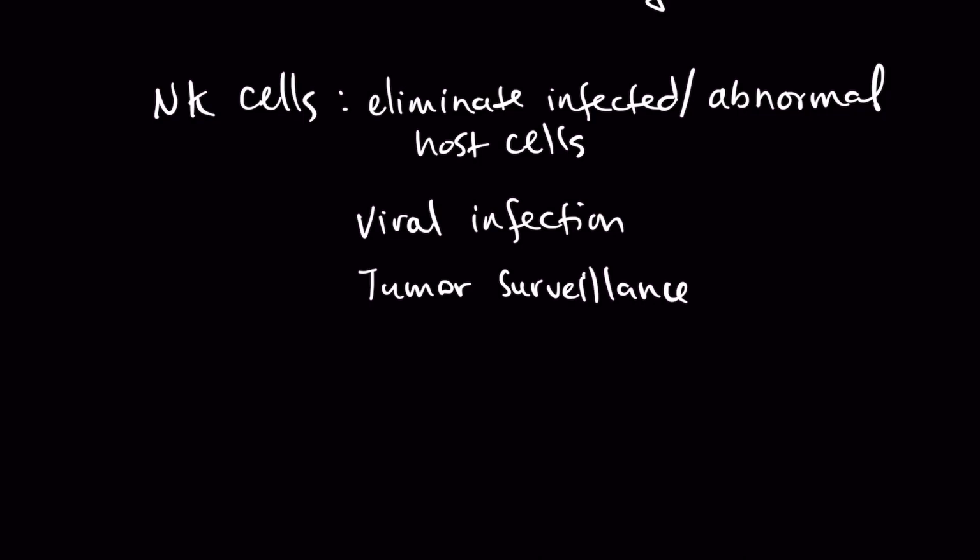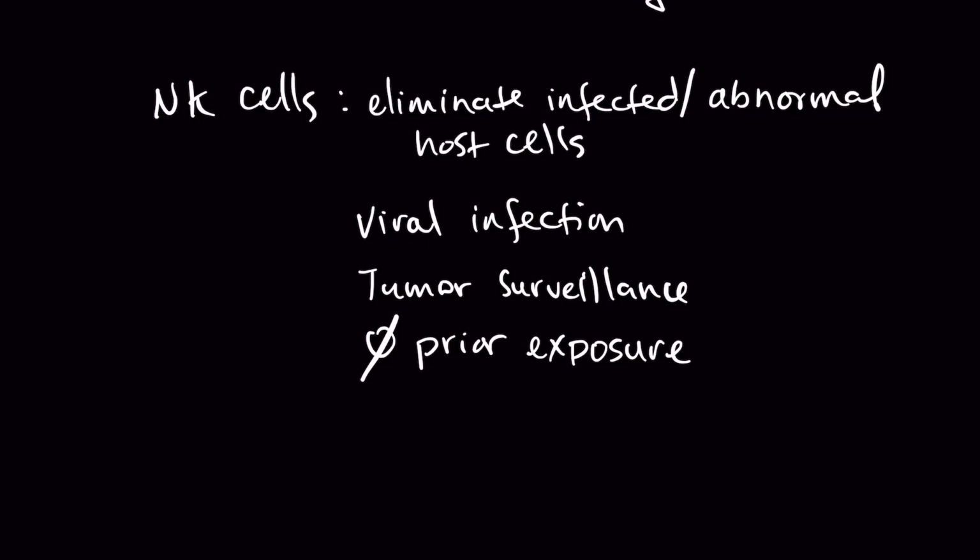Okay, good. We don't need any prior exposure. This is the same thing with the two other cells I talked about, the dendritic cells and the phagocytes. And it's essentially early containment, these NK cells.